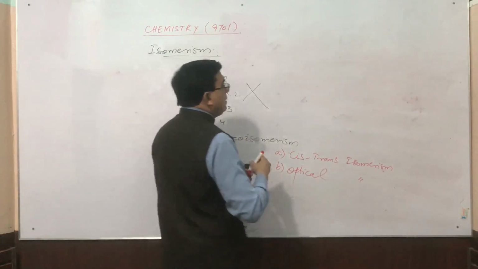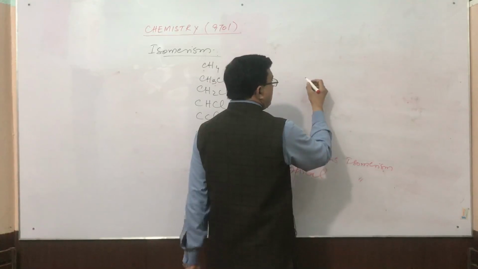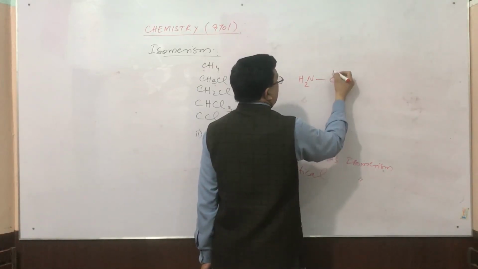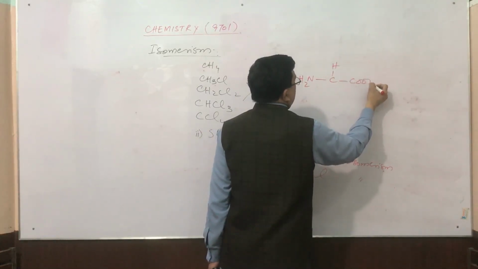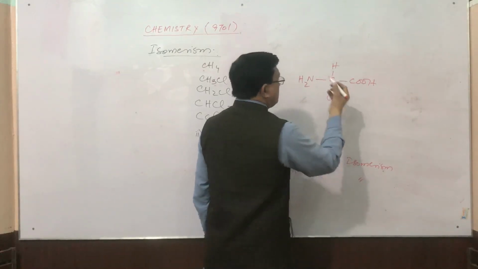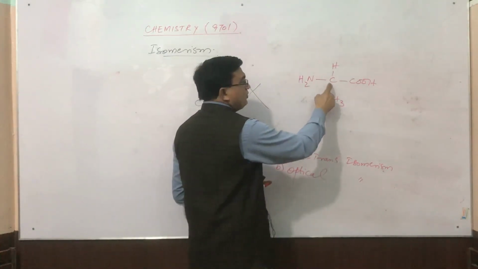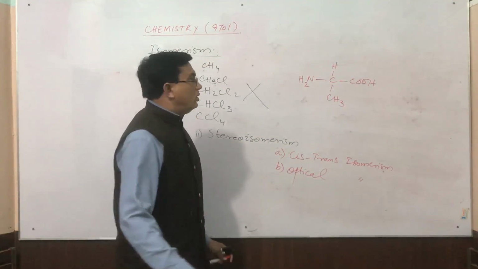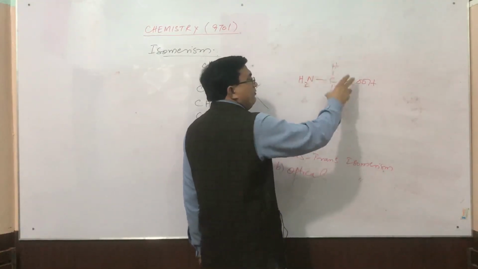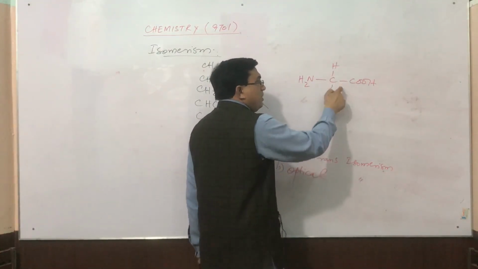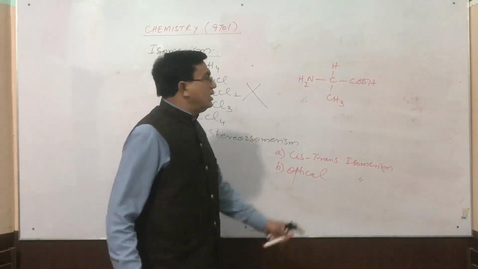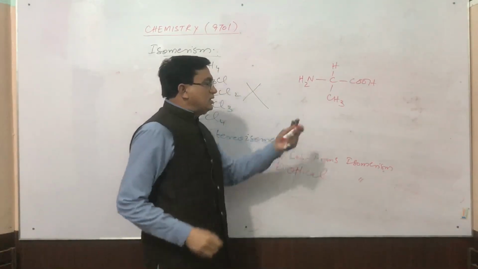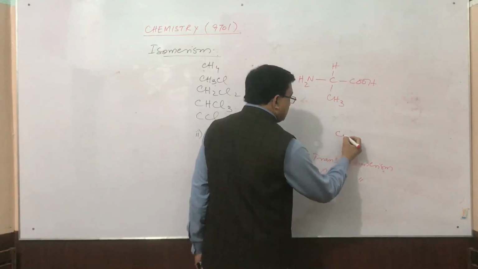Now for optical isomerism, for example, if we take amino acids, the simplest amino acid is glycine. If we consider this amino acid, all four valencies of this carbon atom are occupied by different groups. Due to all four different groups, this molecule can show optical isomerism. Definitely, in 3D structure, this molecule will be represented just like this.